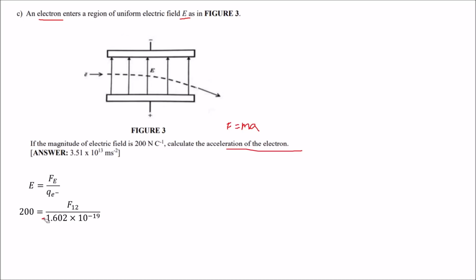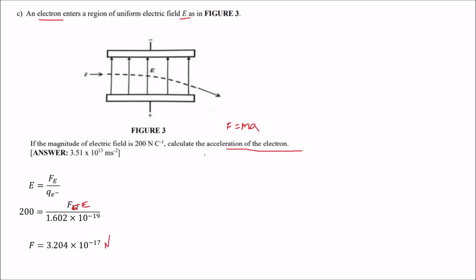So we ignore the sign, we don't put in the sign, and we put in the value of the charge of an electron, which is 1.602 exponent negative 19. This one of course will be given in your formula list or in the question. So you get F is equal to, it should be E, the F will be equal to 3.204 exponent negative 17 Newton.